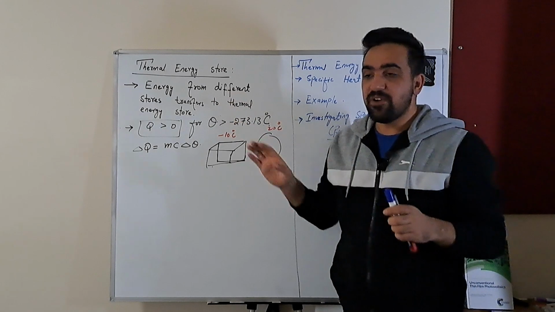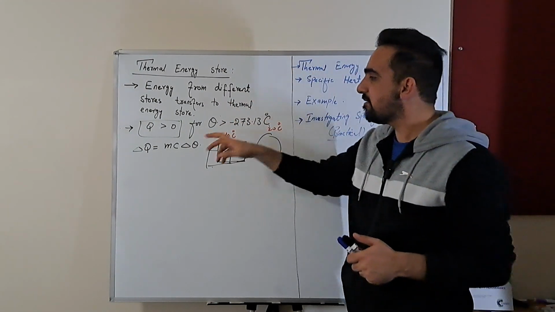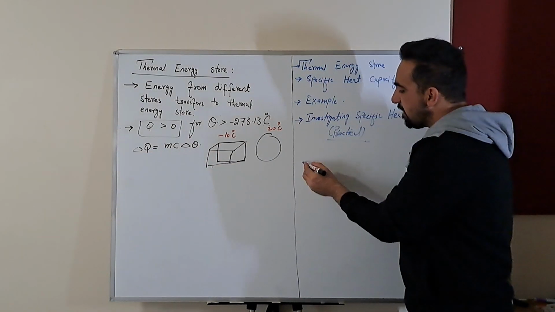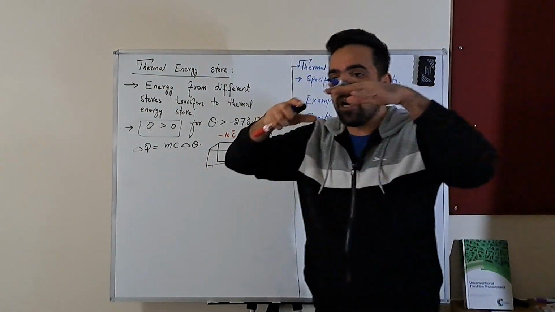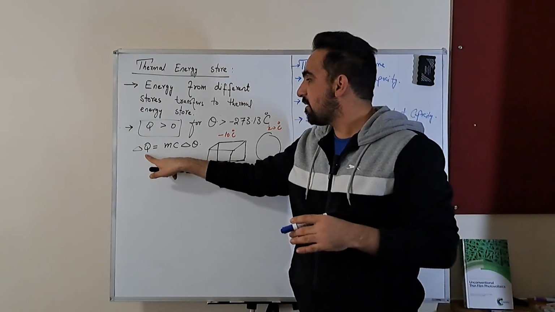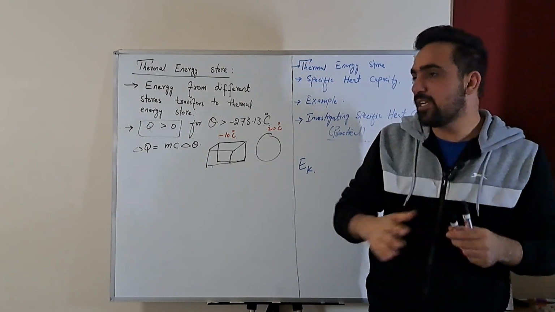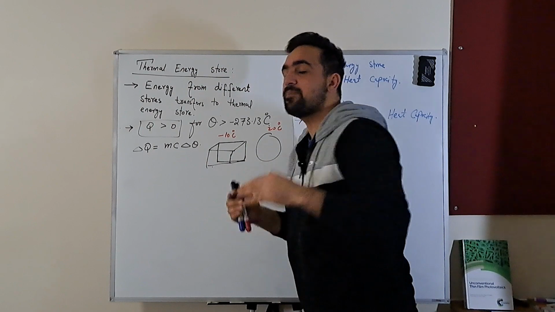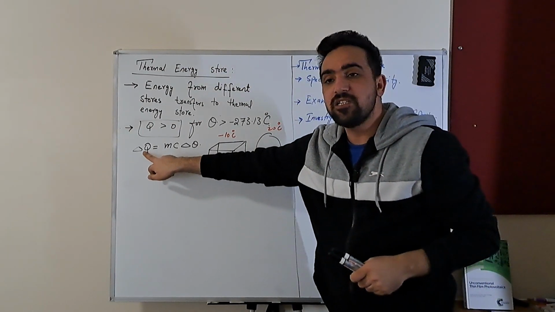So there are different factors on which thermal energy depends. Like when I was defining kinetic energy, I said Ek. I did not discuss the change, but because every object already has some kind of thermal energy stored in it, whenever we are adding or removing thermal energy from its thermal energy store, that means there is a change in the energy in the thermal energy store, or change in heat.